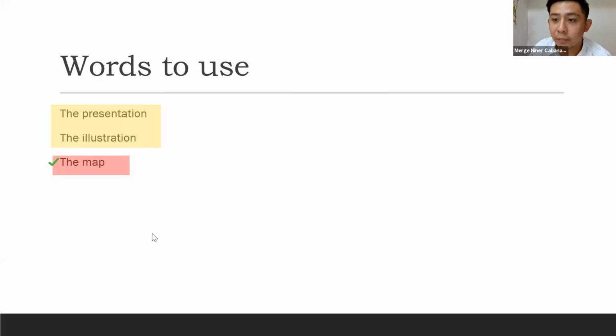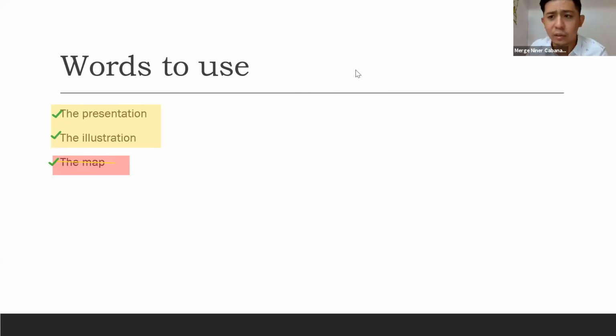But if it's the other way around and you see the map as the first 2 words of your task description, then you will be using either the presentation or the illustration.